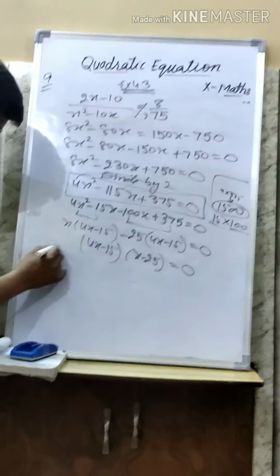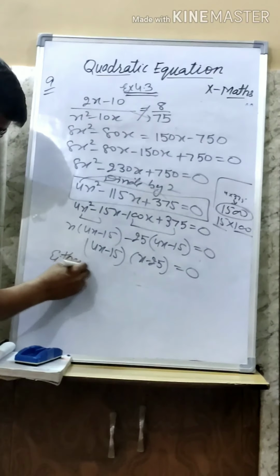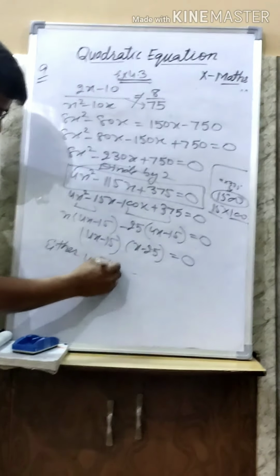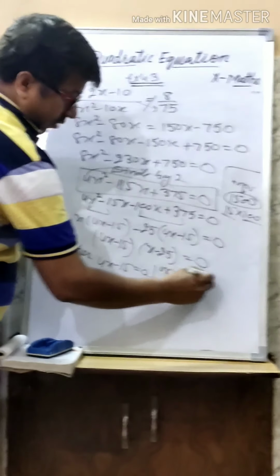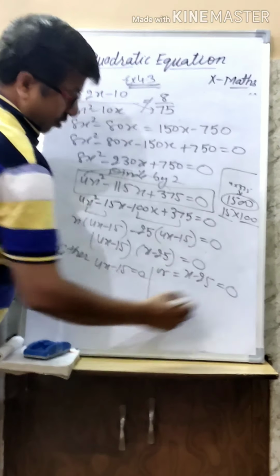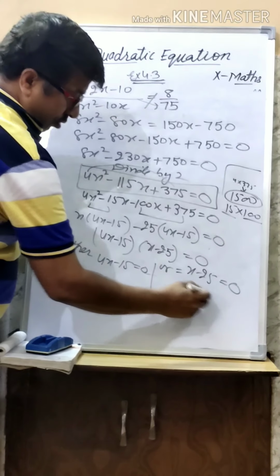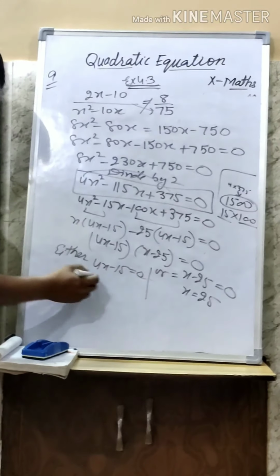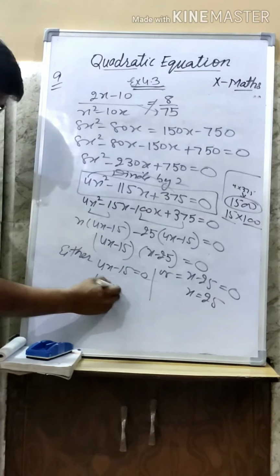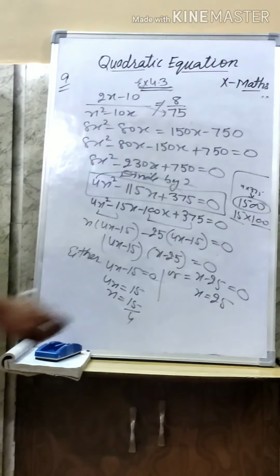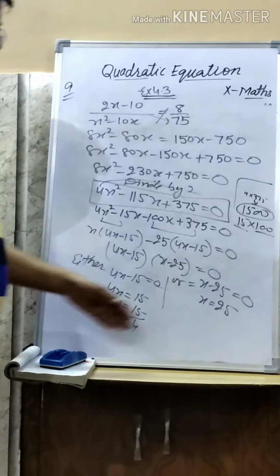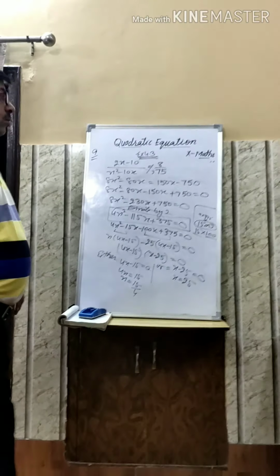So what do you say? Either 4x minus 15 is equal to 0 or x minus 25 is equal to 0. So here x is equal to 25 and here 4x is equal to 15, x is equal to 15 by 4. Both are positive.